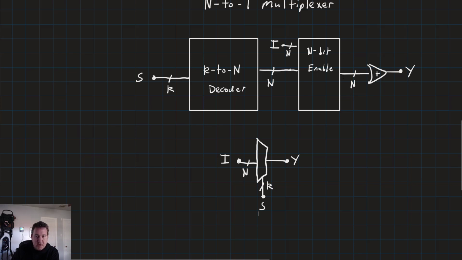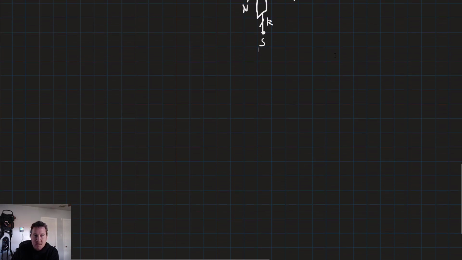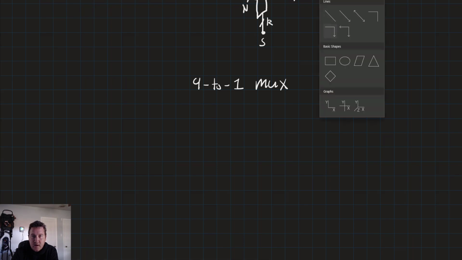Now last, before we let things go, let's do an example just so we can see how we use this template. Let's build a 4-to-1 multiplexer, or MUX for short. Let's start at the top.